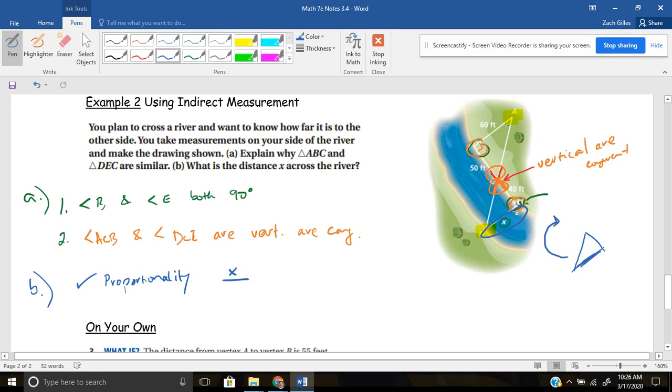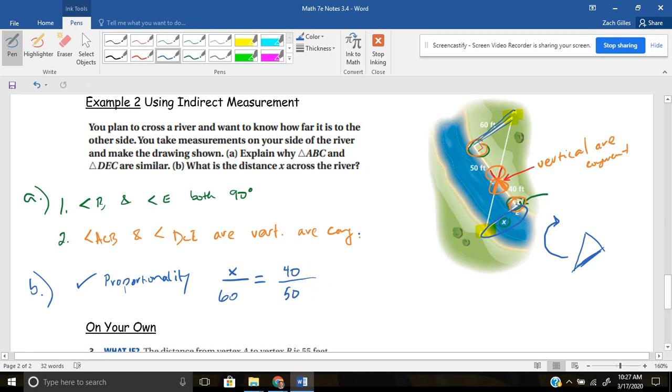This side would now become this same side of my bigger triangle. So x is compared to 60. And that should equal, what are two other sides that I can compare? Well, I know the base of my smaller triangle is 40 compared to the base of my bigger triangle when I rotate it, to keep that same shape, is 50 feet.